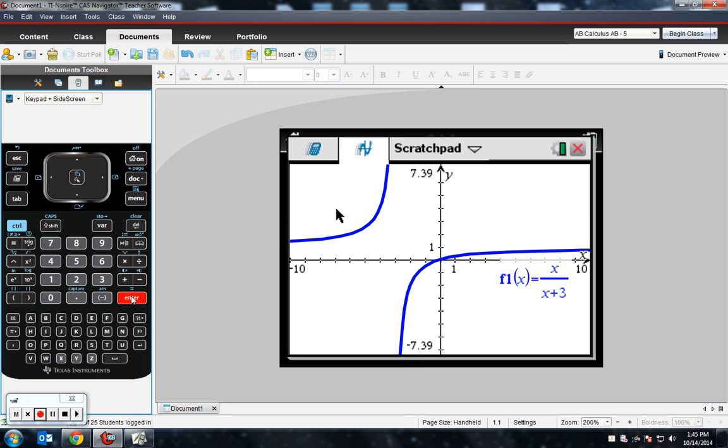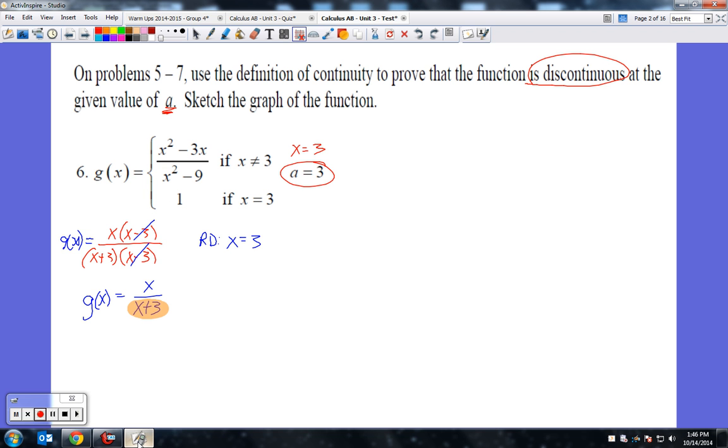It looks like there is a vertical asymptote and a horizontal asymptote of some kind. If we come over here and evaluate our reduced function, we can see by the ratio of leading terms, the exponents are the same, so y is equal to 1 is my horizontal asymptote. And setting the denominator equal to 0, my vertical asymptote will yield x is equal to negative 3.